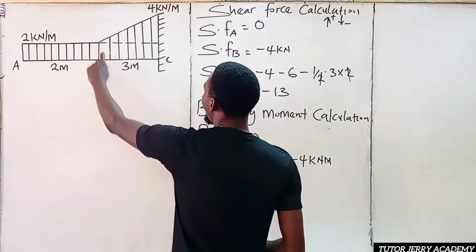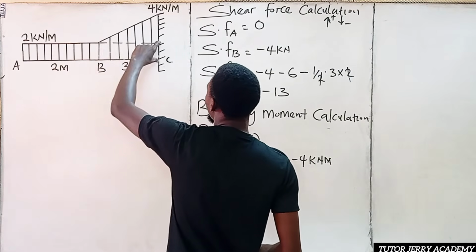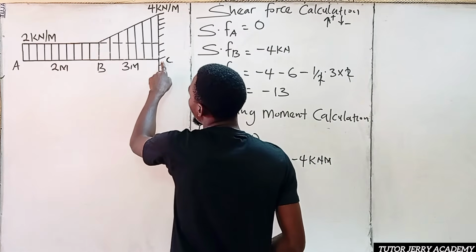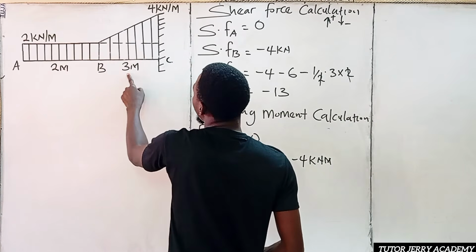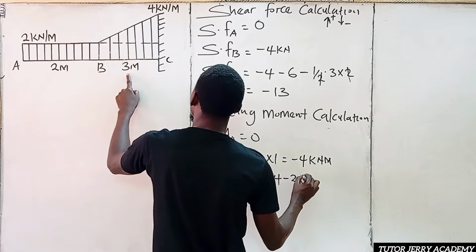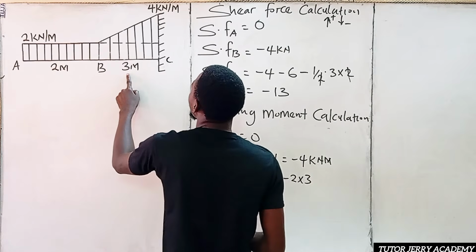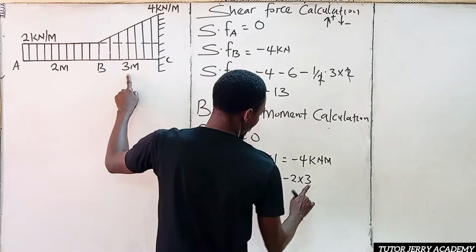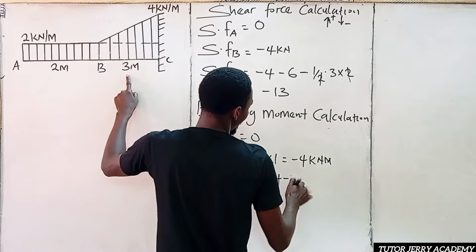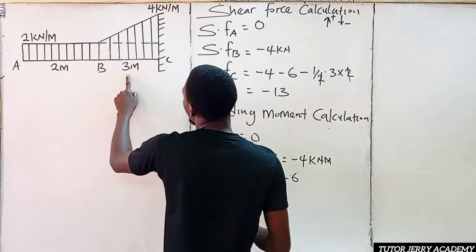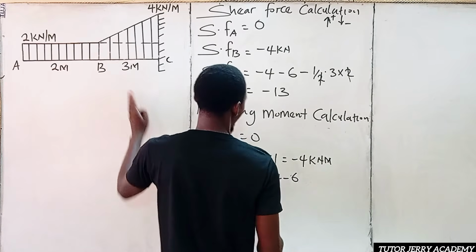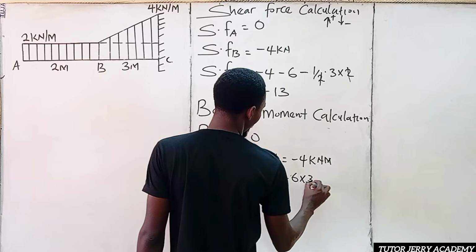Don't forget, we also have another uniform distributed load here: 2 times 3 is 6. So that is -6, and the distance is multiplied by 3 divided by 2.